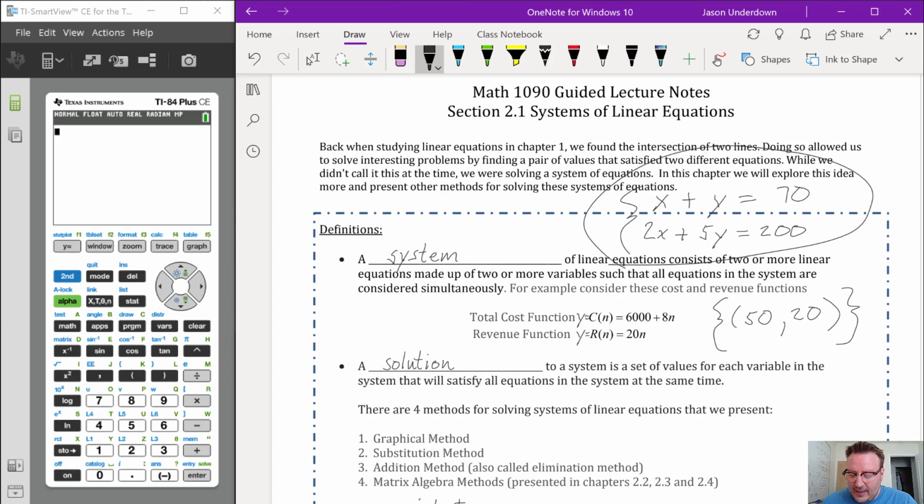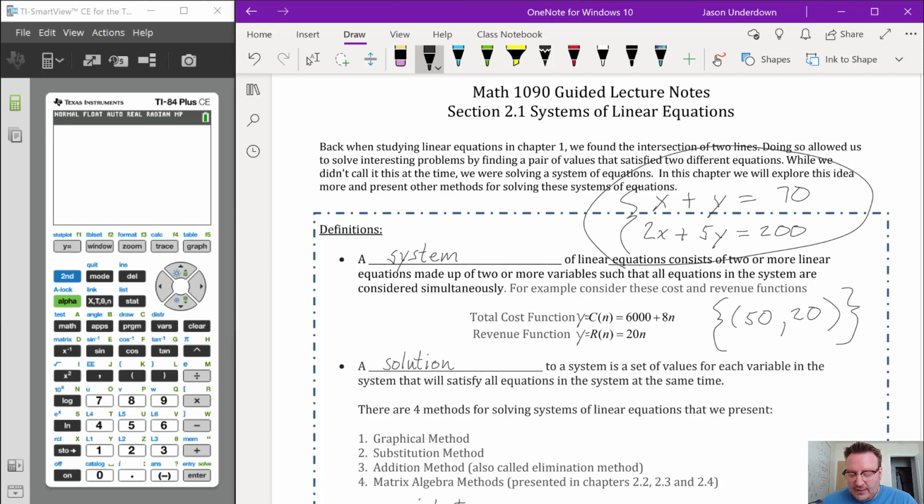Notice that if I set x equal to 50 and y equal to 20, then those values satisfy the first equation, but also the second equation, because 2 times 50 is 100, plus 5 times 20 is another 100, and 100 plus 100 is 200. So this coordinate pair, 50, 20, satisfies both equations in the system. So this is the solution to the system.